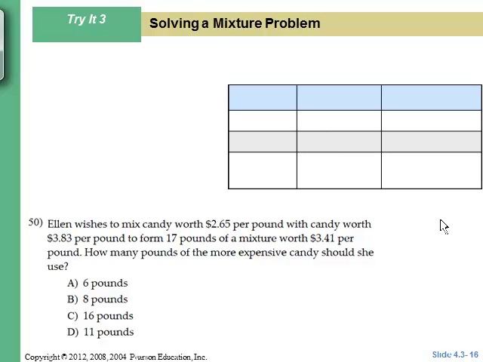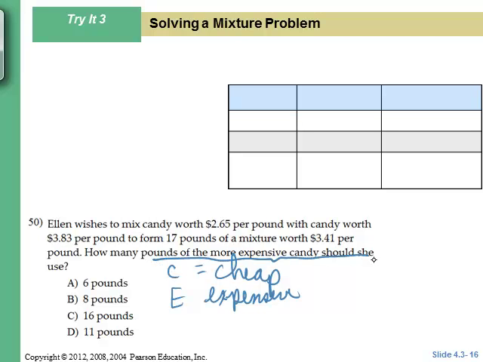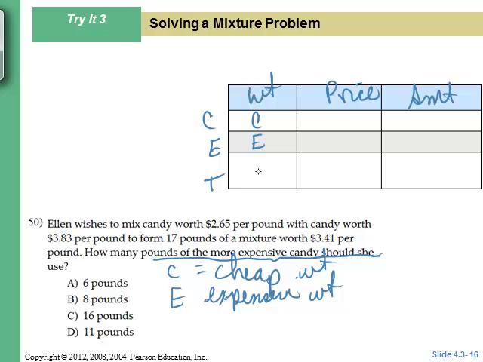How about this one? C stands for cheap again. E stands for expensive. In this case, we're looking for just the expensive. So let's call them cheap, expensive, total, pounds, weight, price, amount. Cheap weight, expensive weight, and the total is 17.